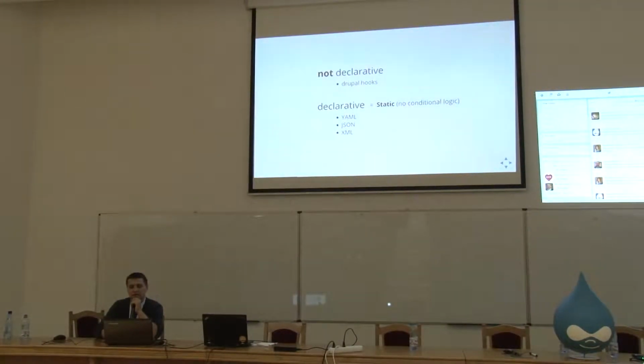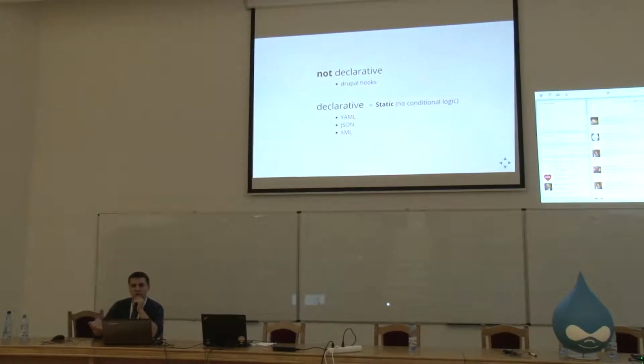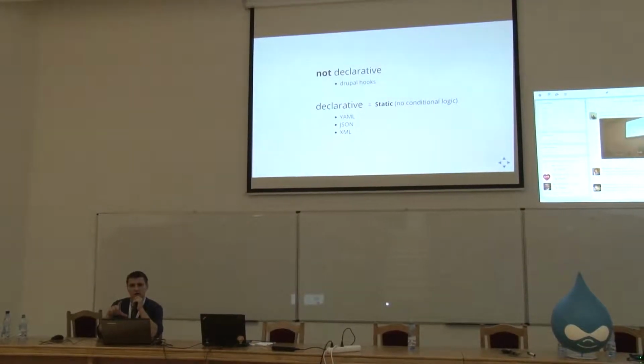Many times Drupal hooks are not declarative, because you can imagine a situation where you create a view in the back office, export it with the back office tool, get the code, put it in your module, and implement the hook, hook_views_default_views. You can put all of the exported code in that hook, right?